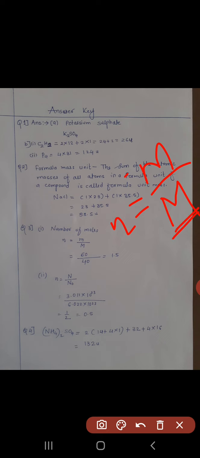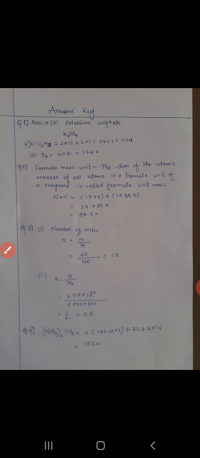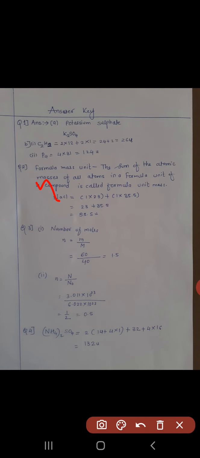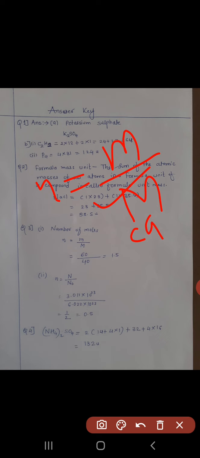Capital M is the atomic mass. We have given small m, which is the given mass, 60, and capital M is the atomic mass of calcium, which is 40 U. So the formula for the number of moles, n, is small m upon capital M. Here 40 is M and 60 is small m.